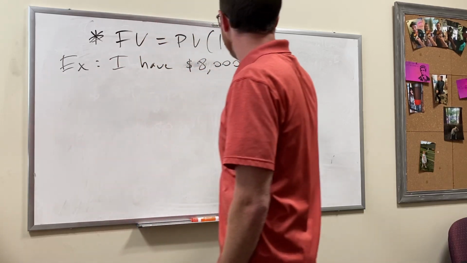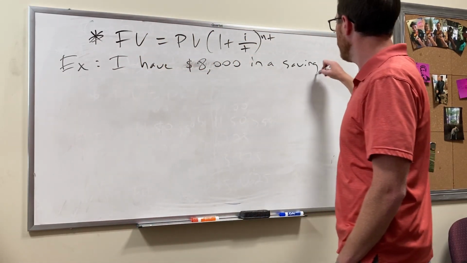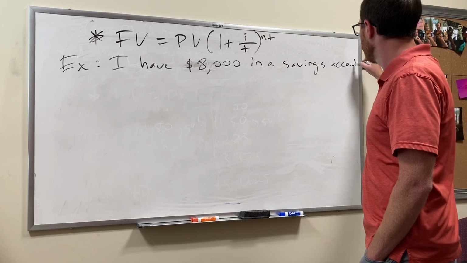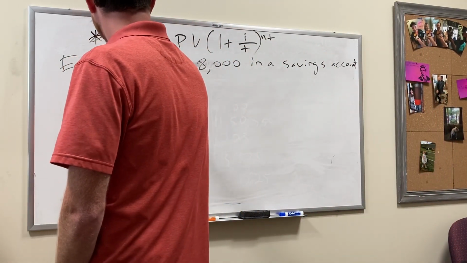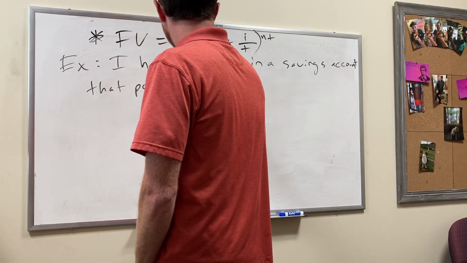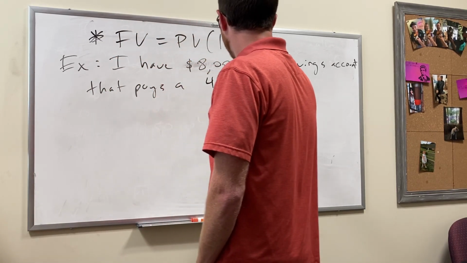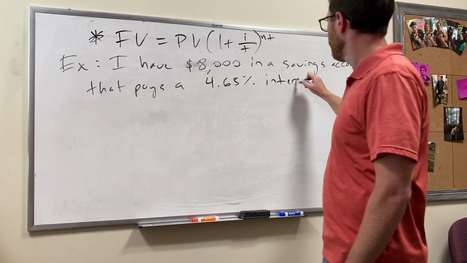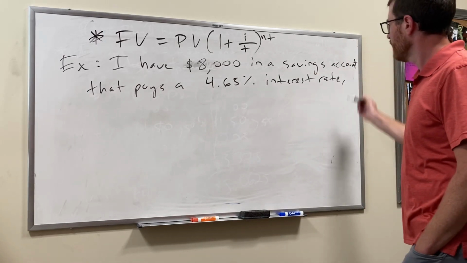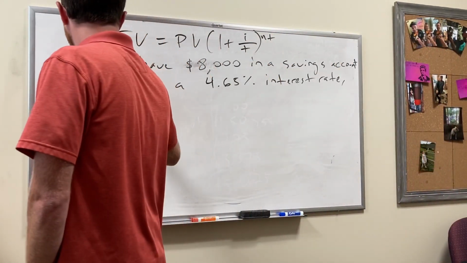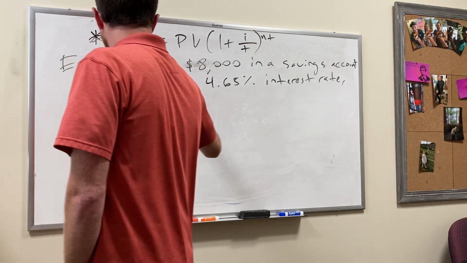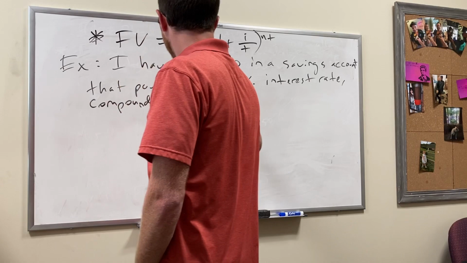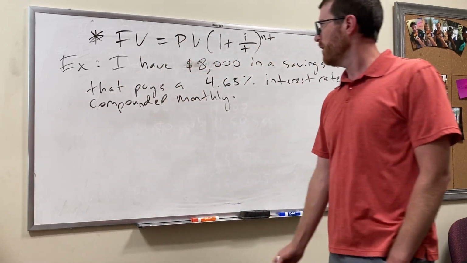So let me now give you an example. Say that I have $8,000 in a savings account that pays a 4.65% interest rate, compounded monthly, which, as I mentioned before, is most common.